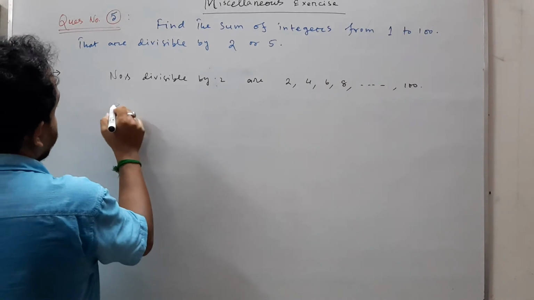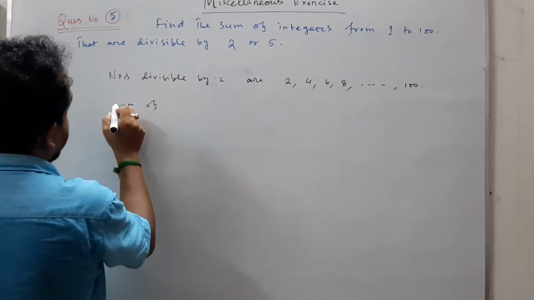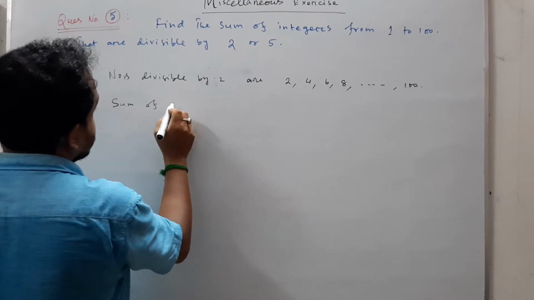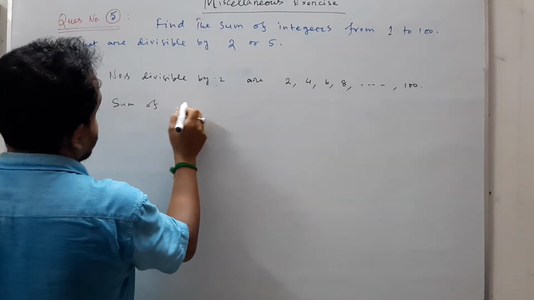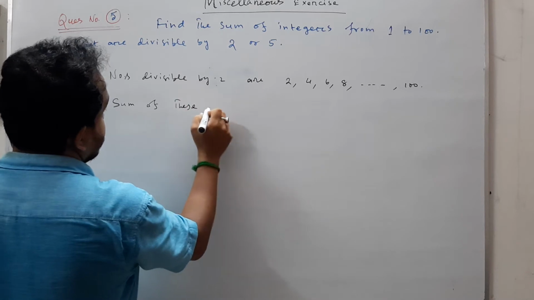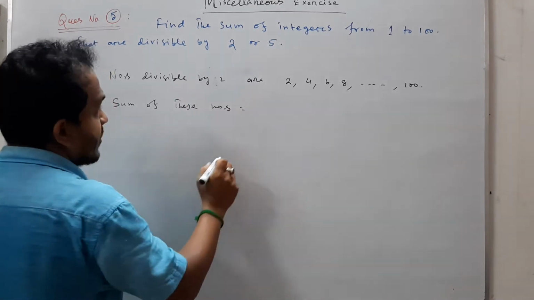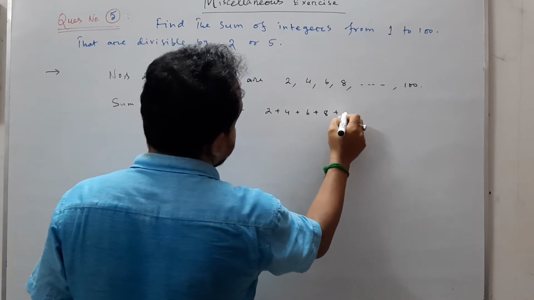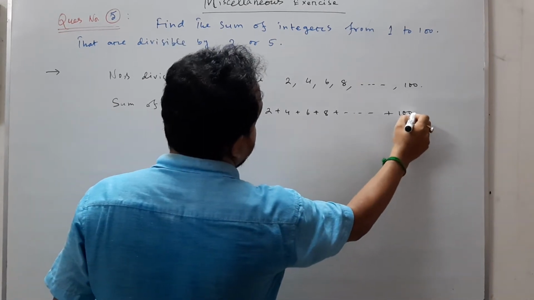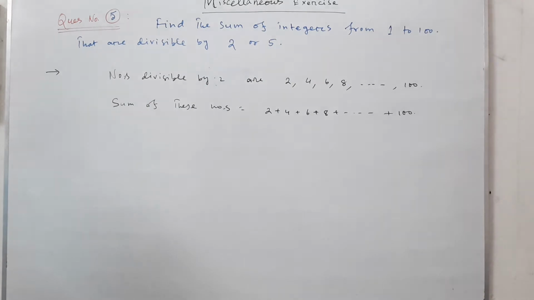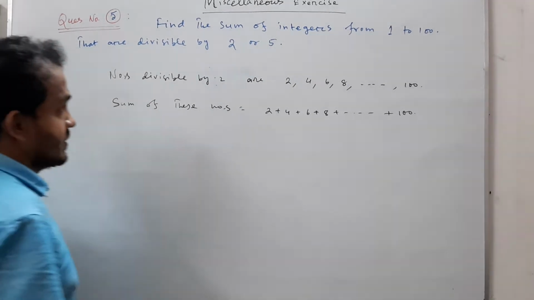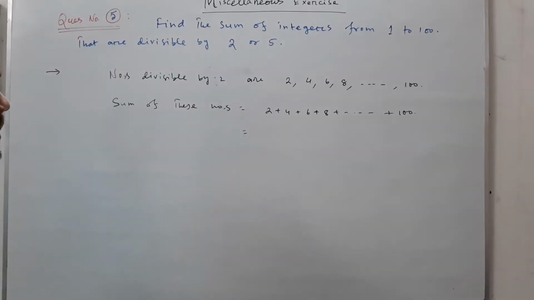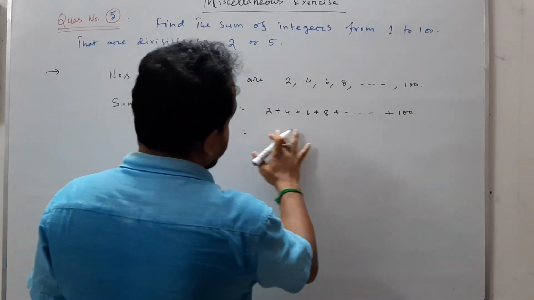Now the sum of these numbers is equal to 2 plus 4 plus 6 plus 8 plus up to 100. What is the sum of these even numbers? So how many numbers are there in this series?